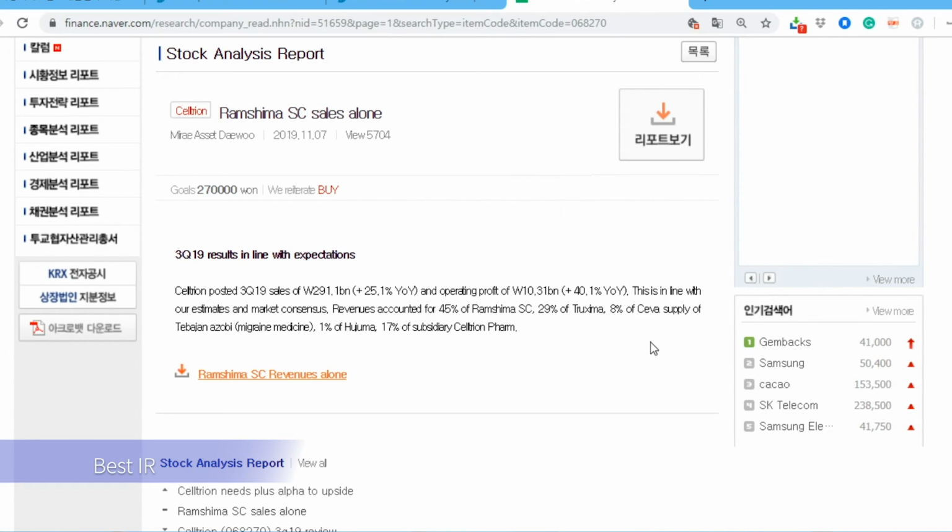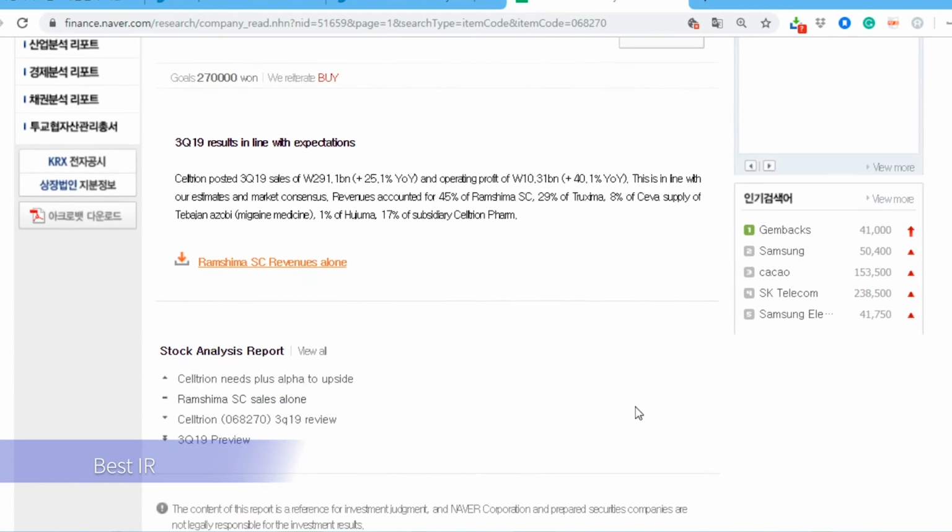This is in line with the market consensus. Revenue was accounted for by 45% Remsima SC, 29% Truxima, 90% of Seva, supply of Tebelzan Zopi, which is a migraine medicine, 1% of Hujuma, and 70% of Steri Sultran Farms.